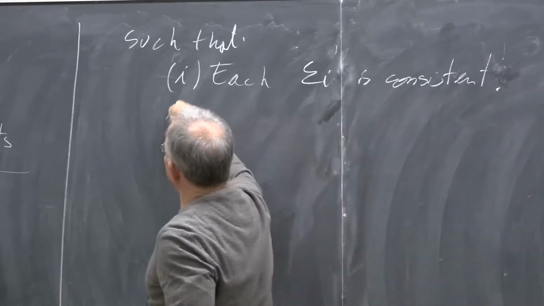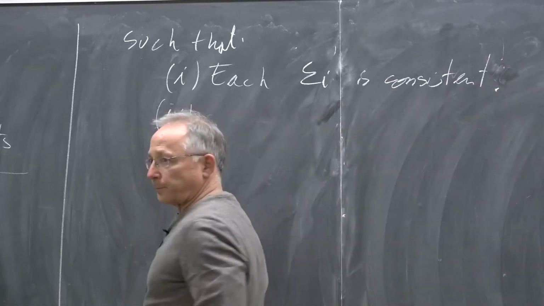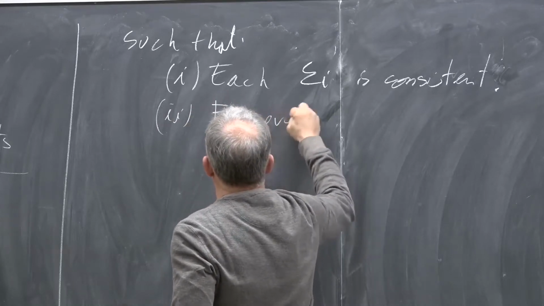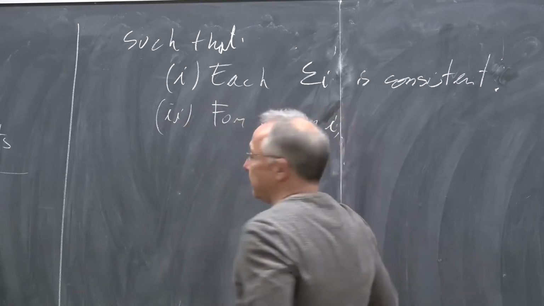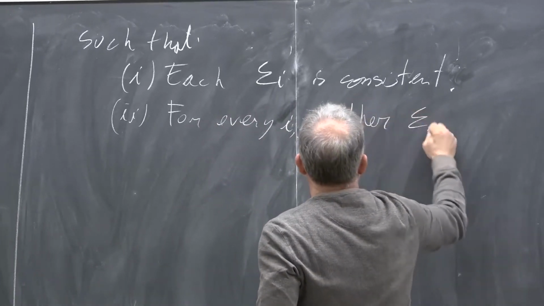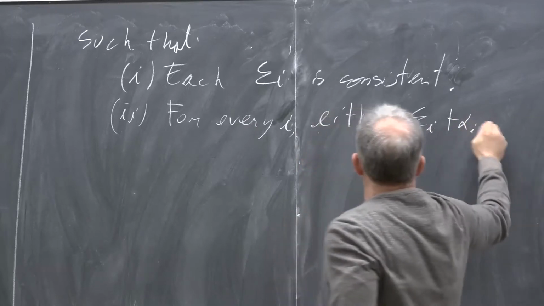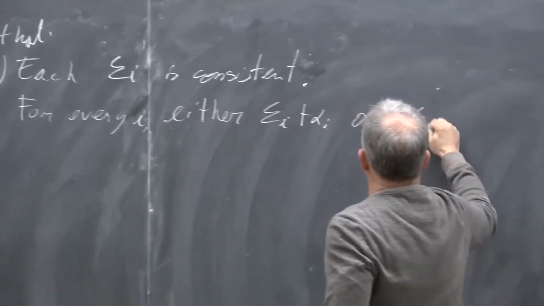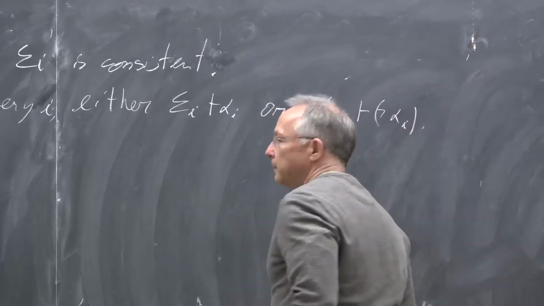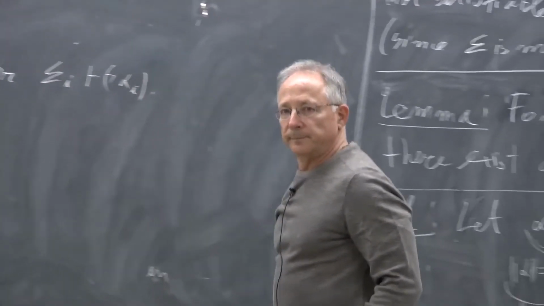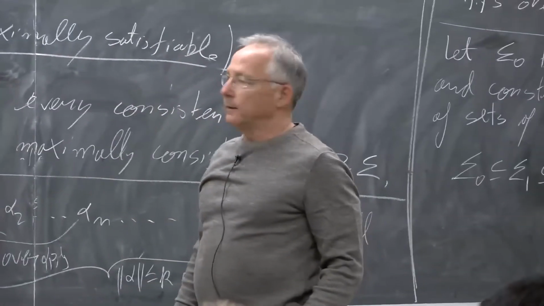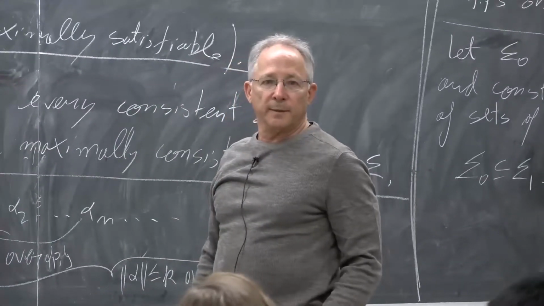And property 2, for every I, either sigma I proves alpha I, or sigma I proves not alpha I. So let's see how we can do it, and then we will see that this allows us to construct a maximally consistent set.